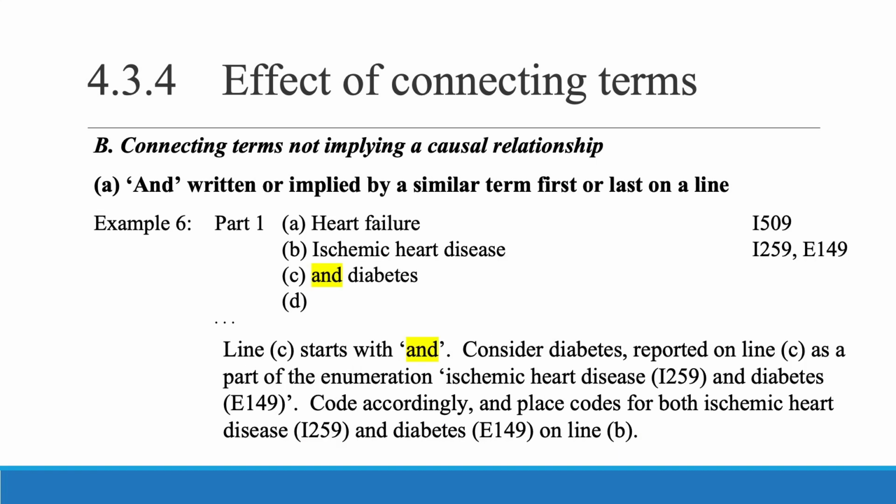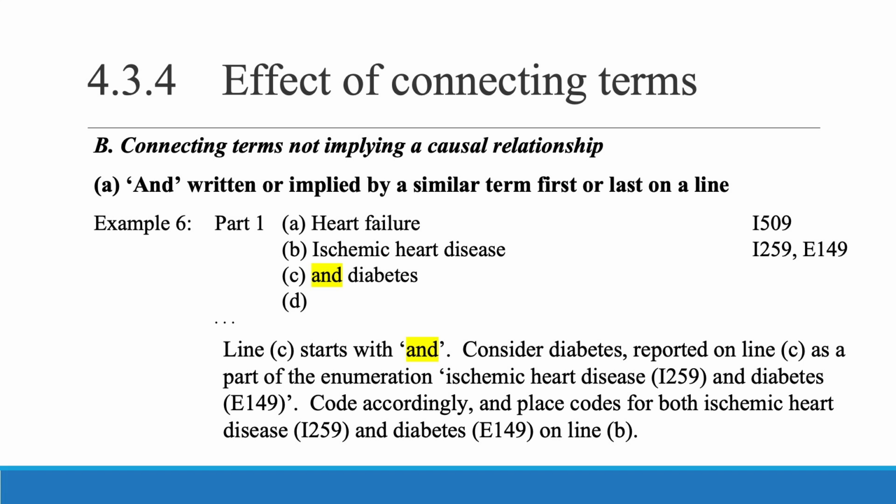Another example where "and" is written or implied by a similar term first or last on a line. In this case, on line A, we see heart failure. On line B, ischemic heart disease. On line C, "and diabetes." Line C starts with "and." Consider diabetes reported on line C as part of the enumeration or list, ischemic heart disease and diabetes.